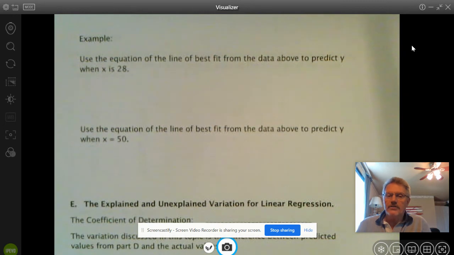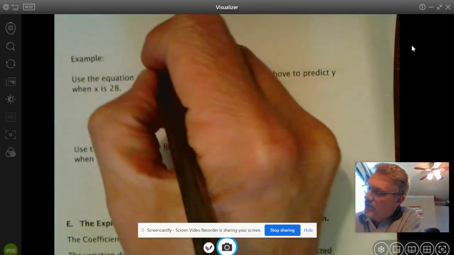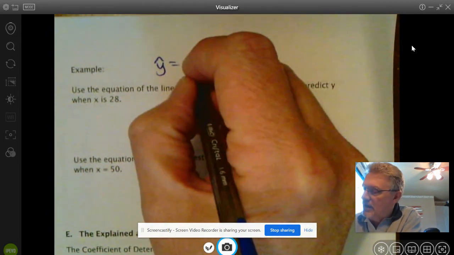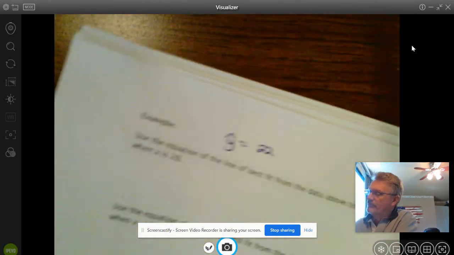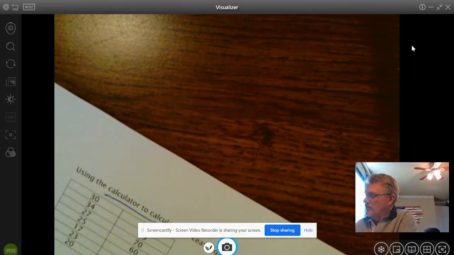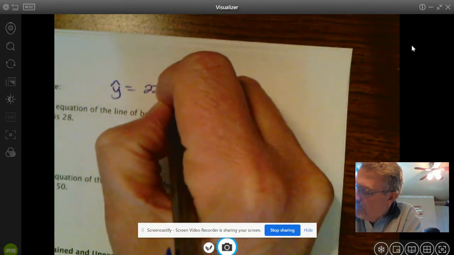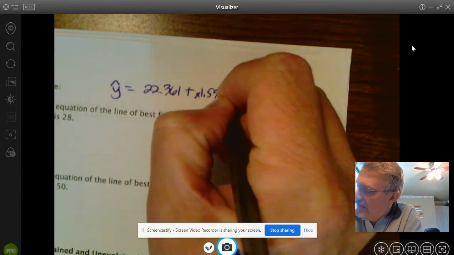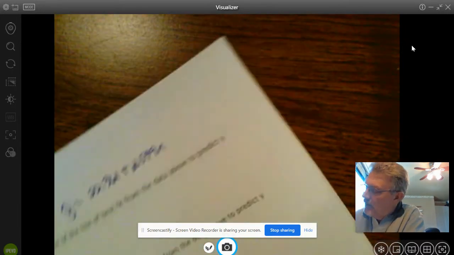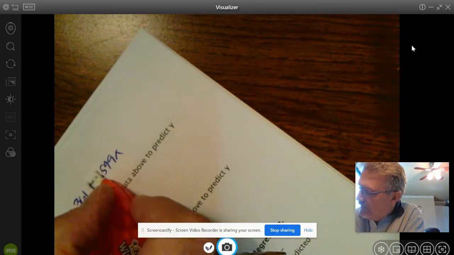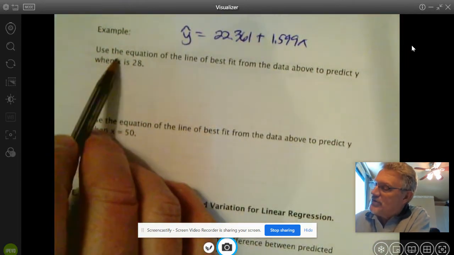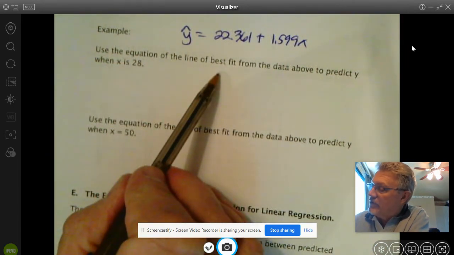All right, so going back to our equation here, y hat equals a plus bx, 22.361 plus 1.599x. Use the equation of the line of best fit from the data shown to predict y.